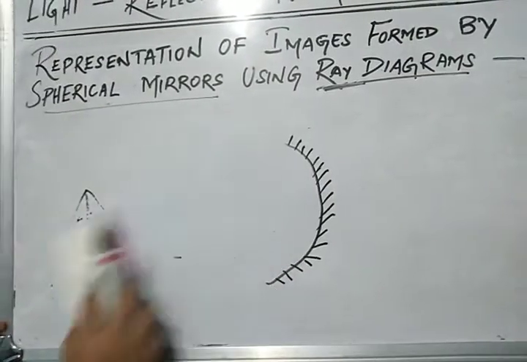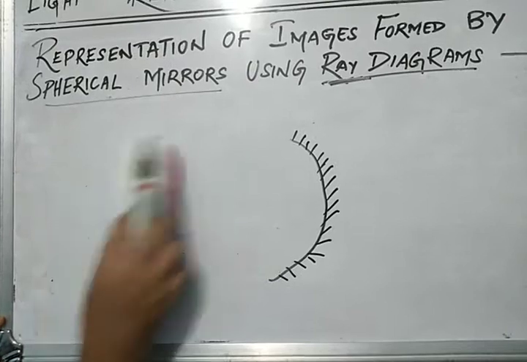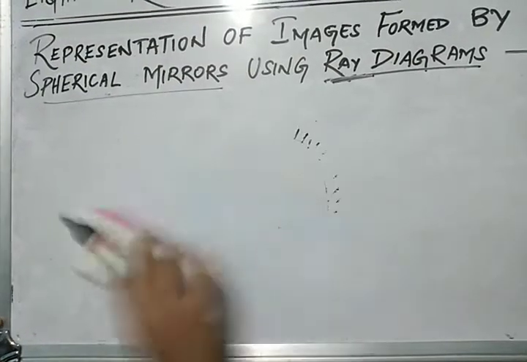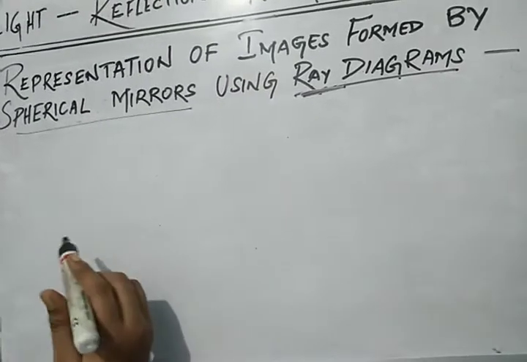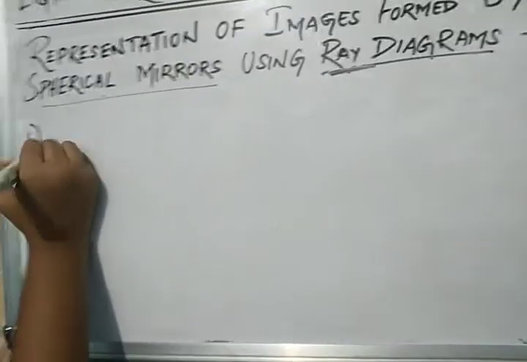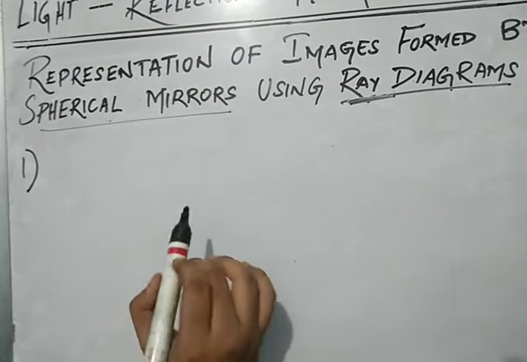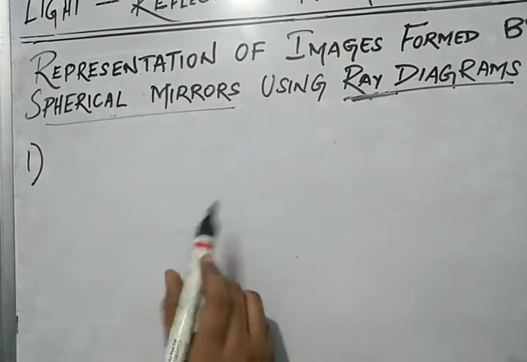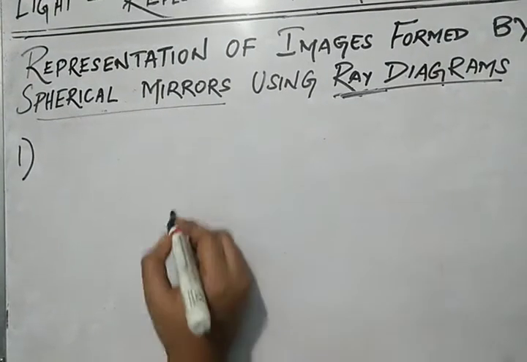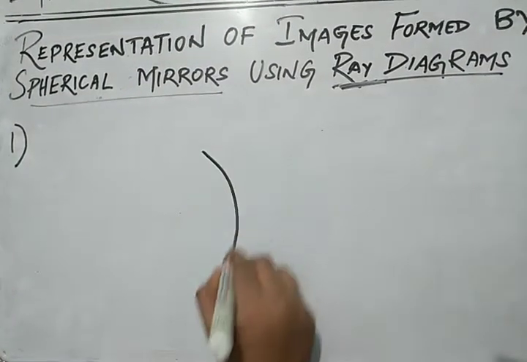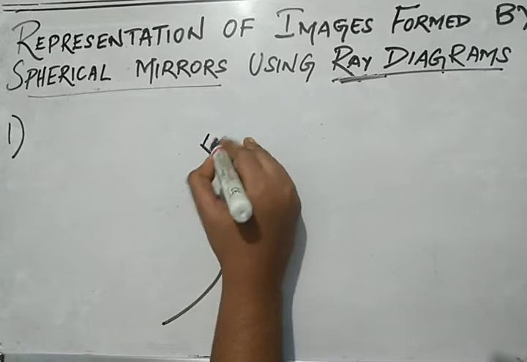So, let me proceed now to the important paths taken by the rays. Let me first explain with the help of a concave mirror. Then I'll go with a convex mirror. Okay, this is my concave mirror. This is the rough surface.